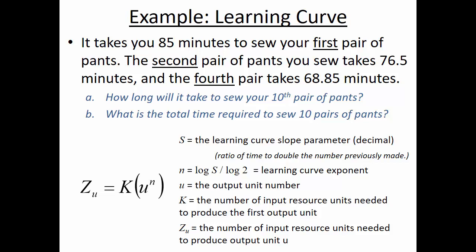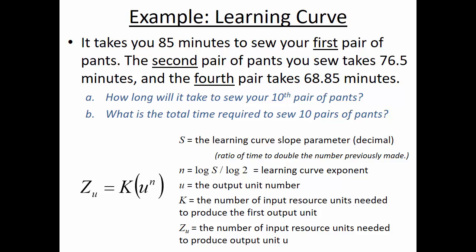Okay, so that is negative 0.045757 and so on and so forth, divided by 0.30103 and so on and so forth. So n is negative 0.1520. So when we have the n, that's the exponent in the learning curve function.